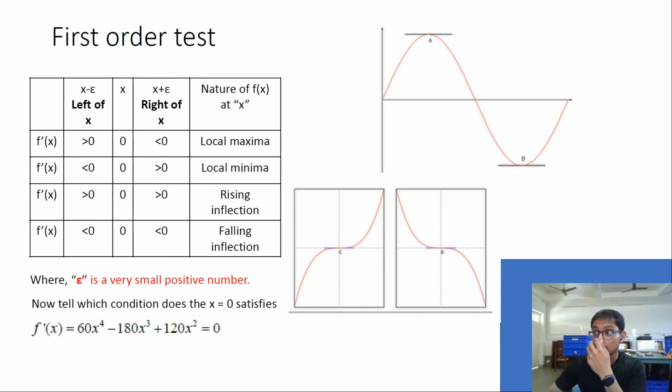Yes, Prasanna, tell me. Rising inflection. Yes, you are correct. So Prasanna, tell me, how did you proceed with it? Did you choose an arbitrary value for this epsilon, or you just took epsilon itself?